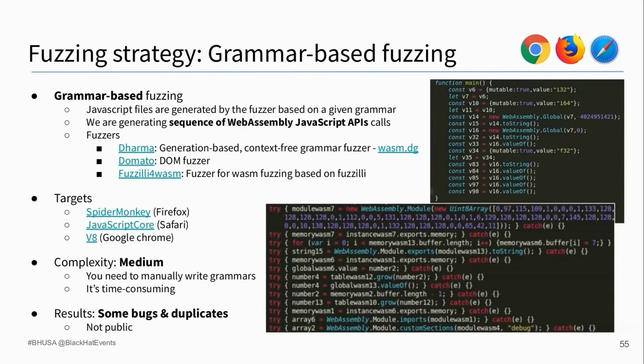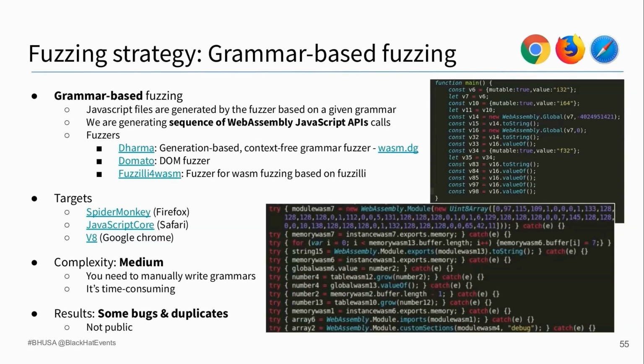Then I provide this JavaScript file directly to the JS engine, and it creates objects and targets this extra part of the engine, the JavaScript interop, and also the WebAssembly runtime by effect.